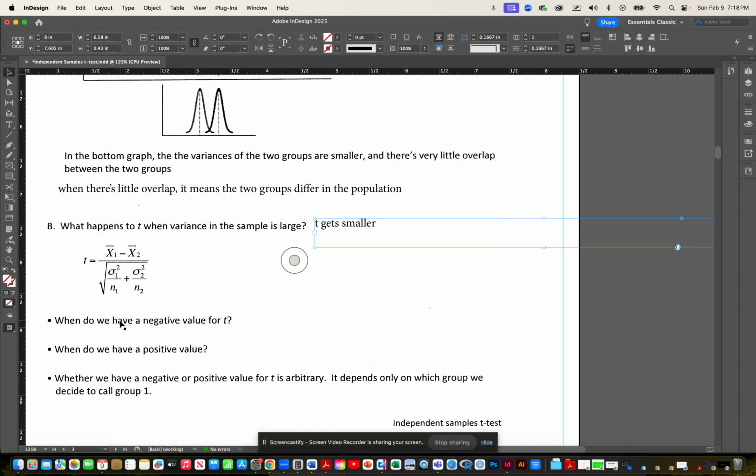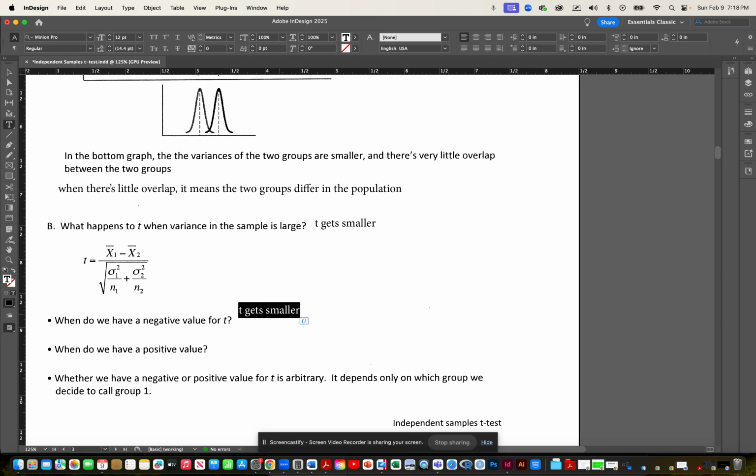And then when do we have a negative value for t? Well, look at the formula here. When the mean of the second sample is bigger, then you're going to get a negative value. That would just be the opposite of the positive case.